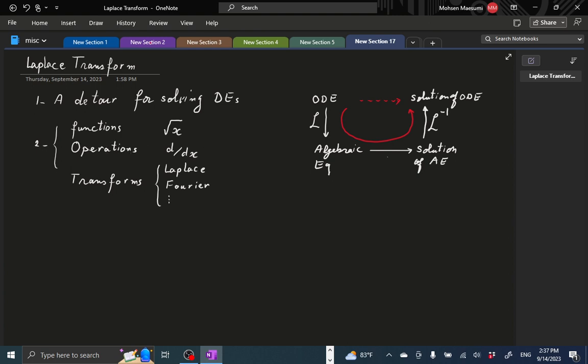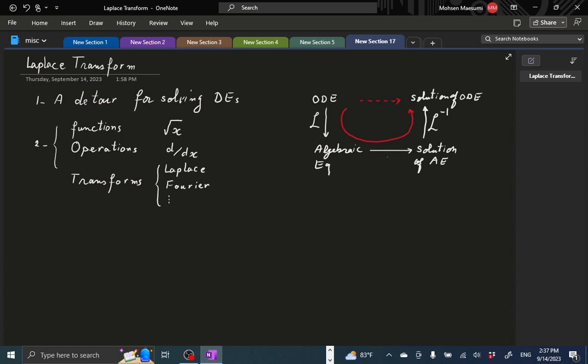Then you come to calculus and then you learn about operations or operators. So most important of them is differentiation. You take a function like x cubed, you take a derivative of that, you get a 3x squared. So that is an operation that you learn.